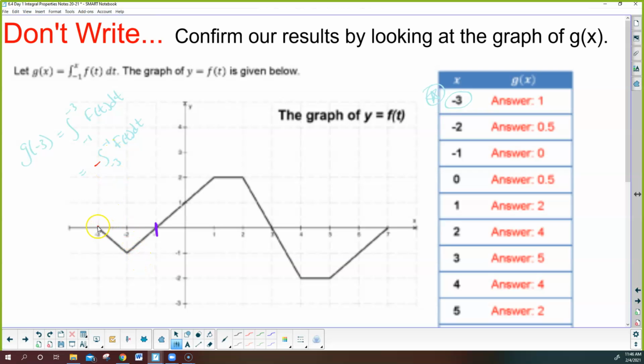So by flipping them, that tells me to start at -3 and go to -1 and find the area underneath this curve, which we know is a base of 2 and a height of 1. So 1/2 times 2 times 1, but then it would be negative, and my answer would be -1. So it would be a negative of a -1, which tells me the answer is +1.